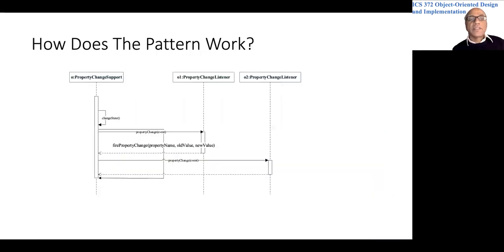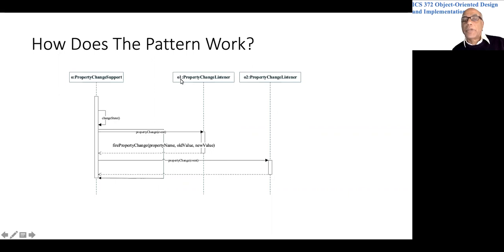And how does this work? How does the observer pattern work? Well, we said there is an observable. So this first object here, O, is the observable, and there are multiple observers, O1 and O2. I have shown two here. O is of type PropertyChangeSupport, or it could be an object adapter. It is shown as a class adapter here, but it could be an object adapter.